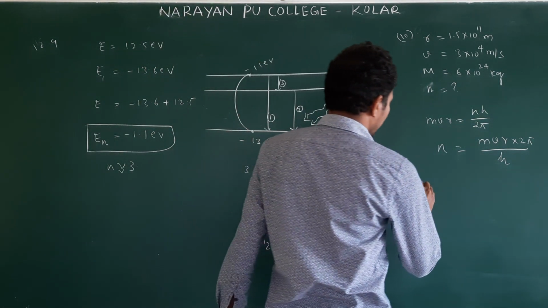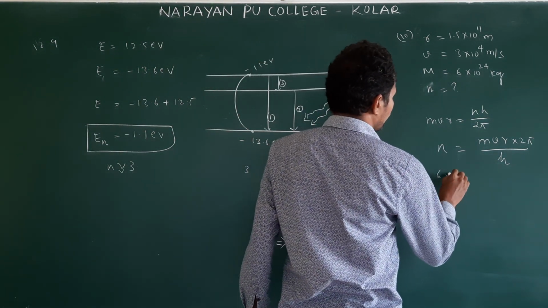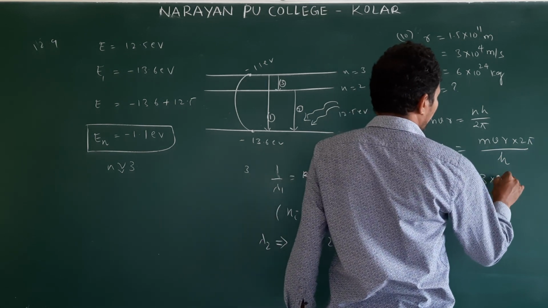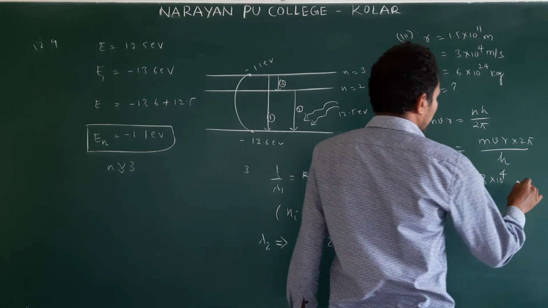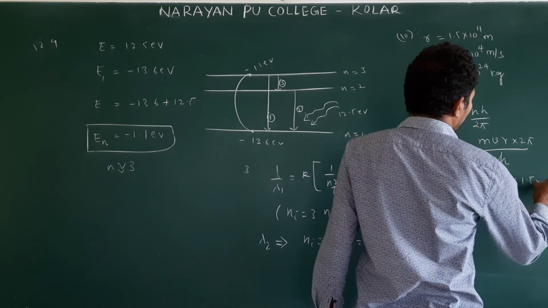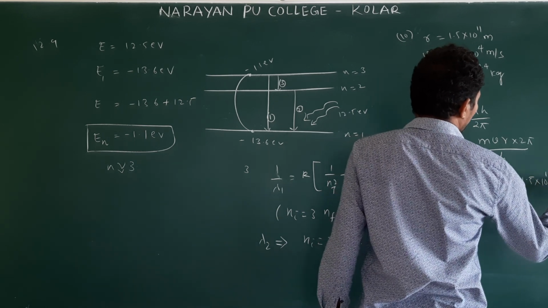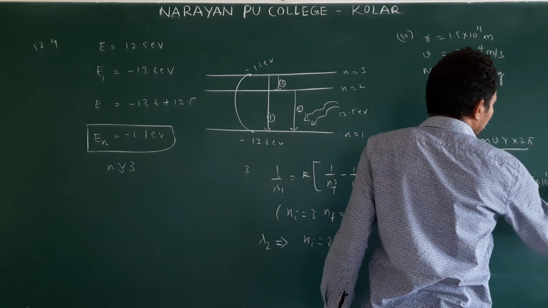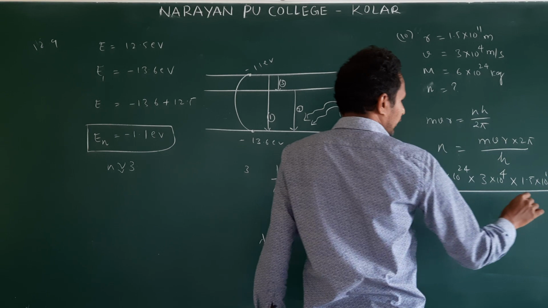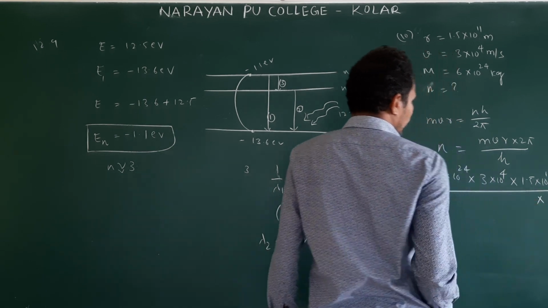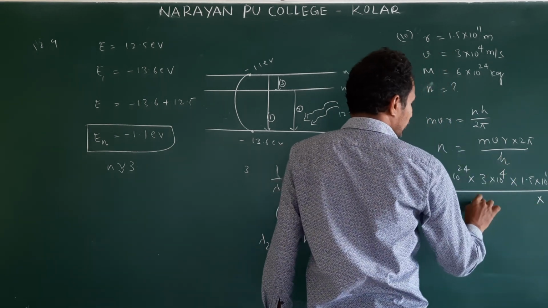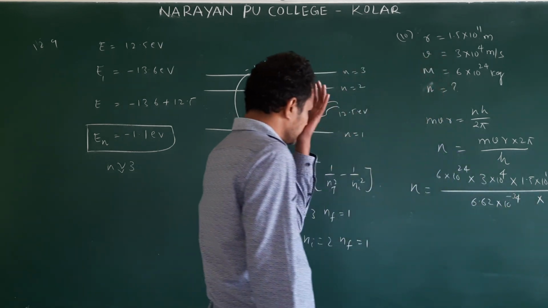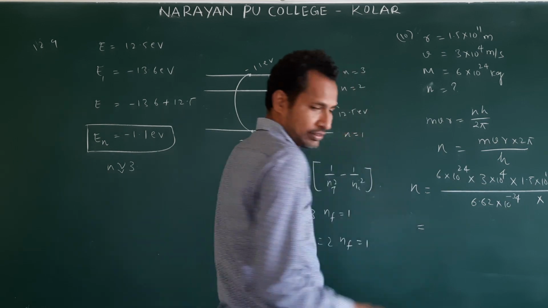Substitute the values. So n is equal to mass 6 into 10 power 24, into velocity 3 into 10 power 4, into 1.5 into 10 power 11, into 2 pi, write down 22 by 7, divided by Planck's constant 6.62 into 10 power minus 34. Okay, now we will calculate this.